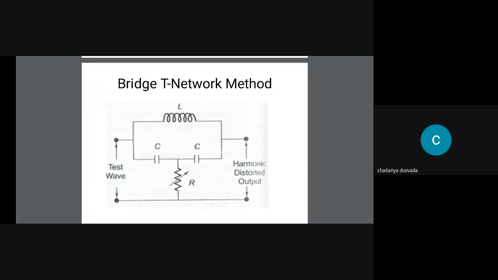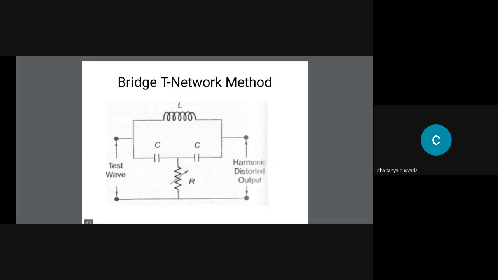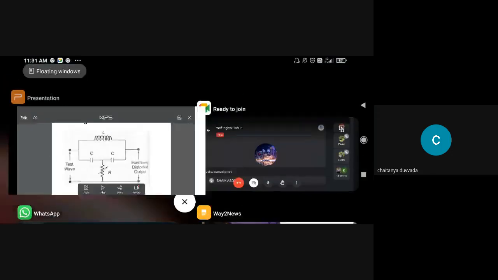These fundamental frequencies can be tuned by this tank circuit, and R also bypasses this circuit. Finally, the distorted and harmonic signal can be found at the output, students. So this is regarding the harmonic distortion analyzer.